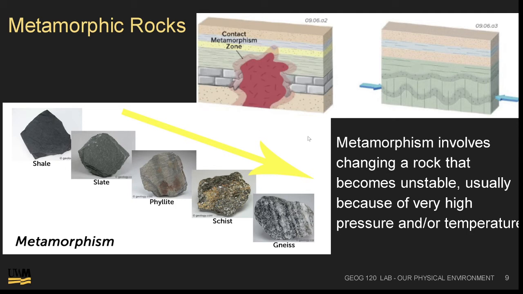So this metamorphism that changes the rock's composition causes the rock to become almost molten, but not quite.